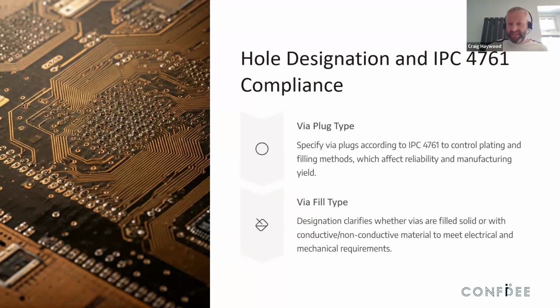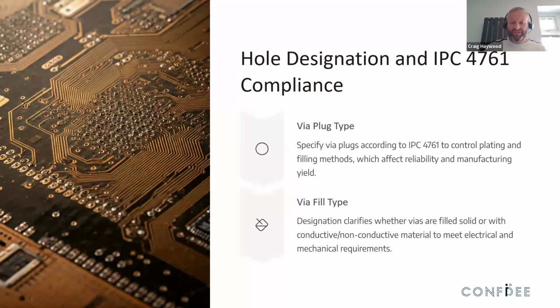When it comes to via filling, this is more of a cost adder because it can mean holes being drilled at different stages, being plated at different stages. It could mean more copper on the surface of the PCB. It's different material.